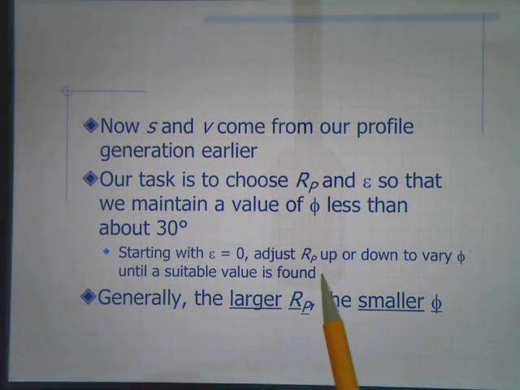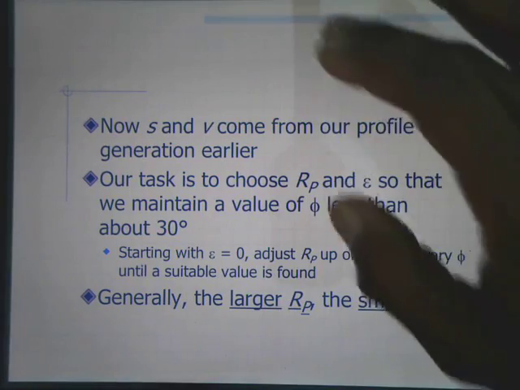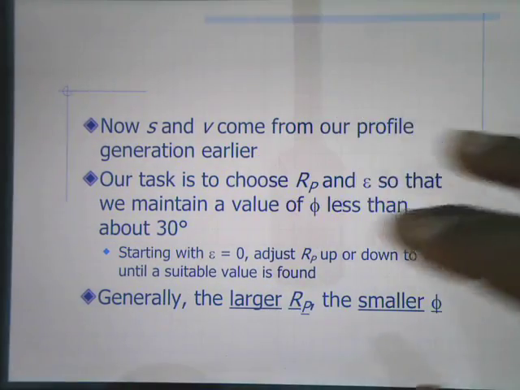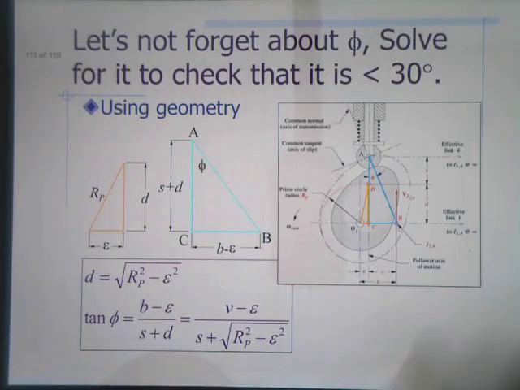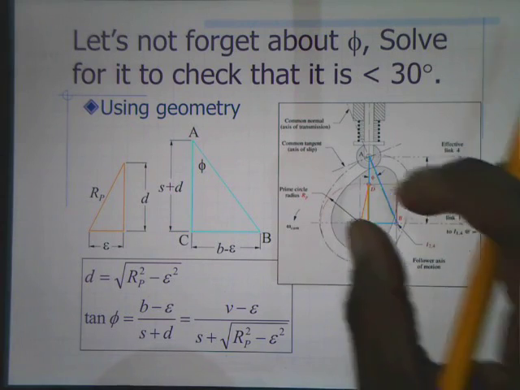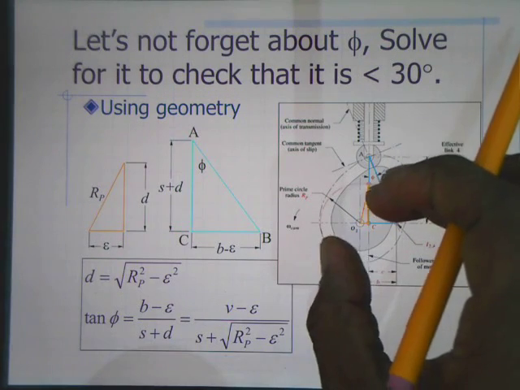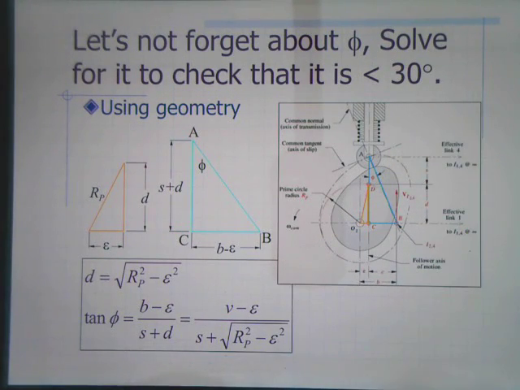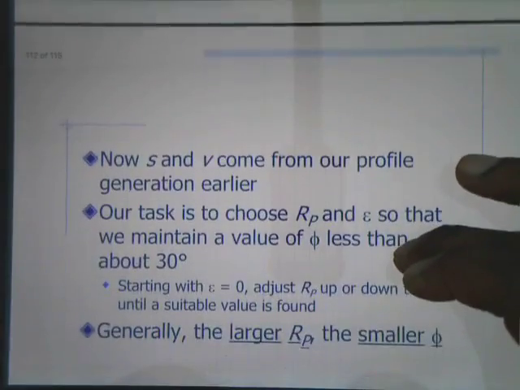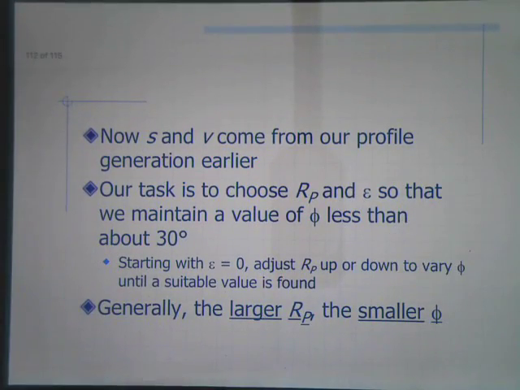As we make RP bigger, of course, our entire profile, our entire cam, is getting larger. Because if you notice, as RP increases, this entire structure for that cam is going to get bigger. So we don't want some huge RP. The way to proceed to determine what the RP should be, if we're not given an RP that we must use, is that we start with the eccentricity of 0, then we adjust RP up and down, and we watch as phi varies.